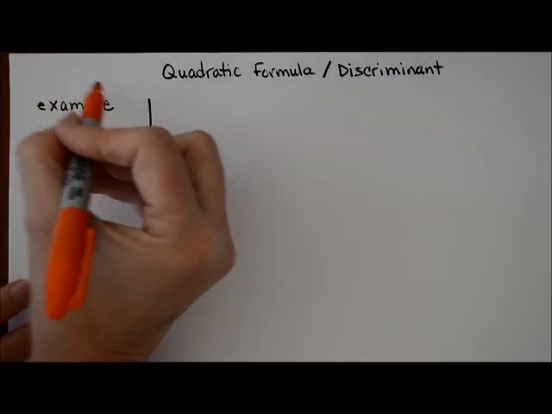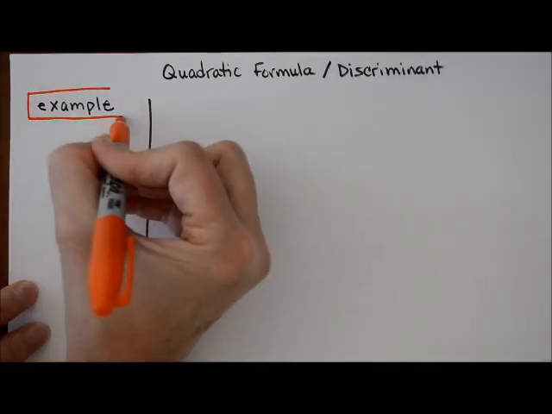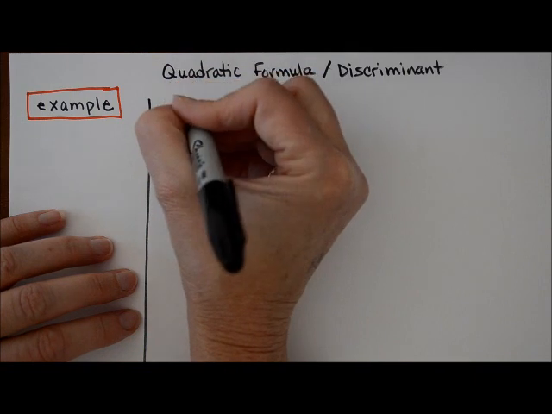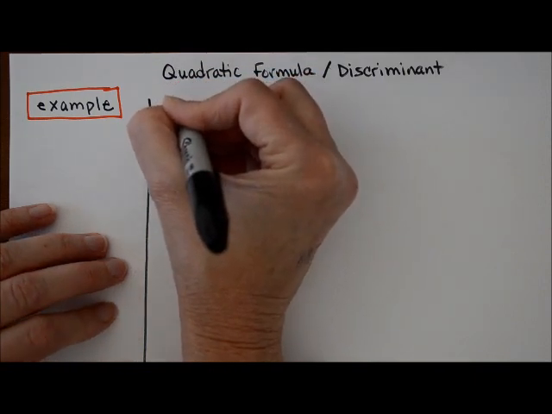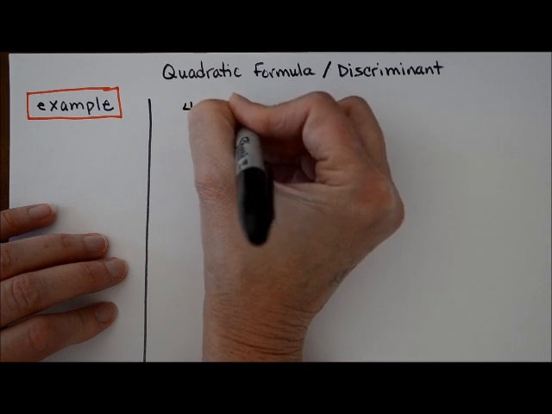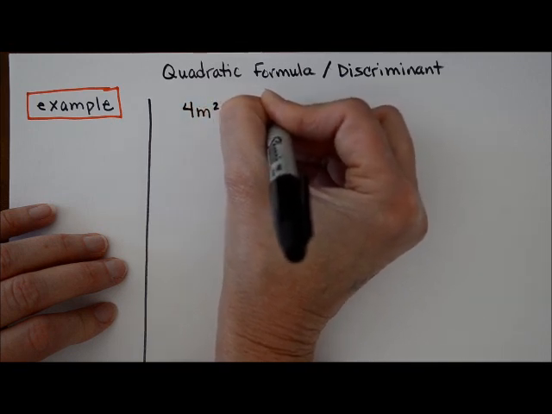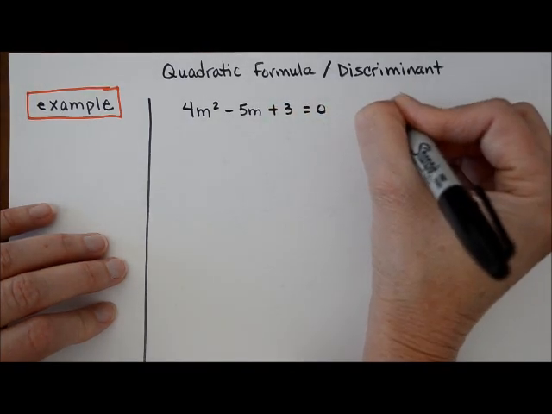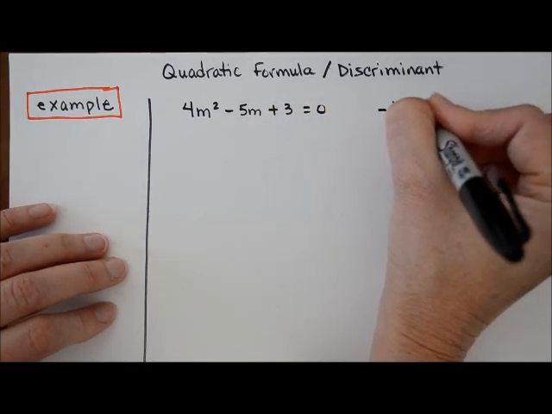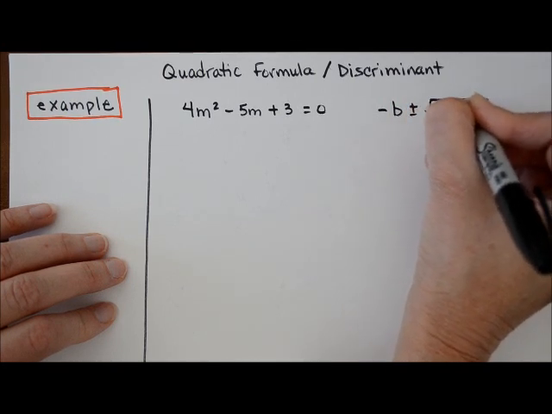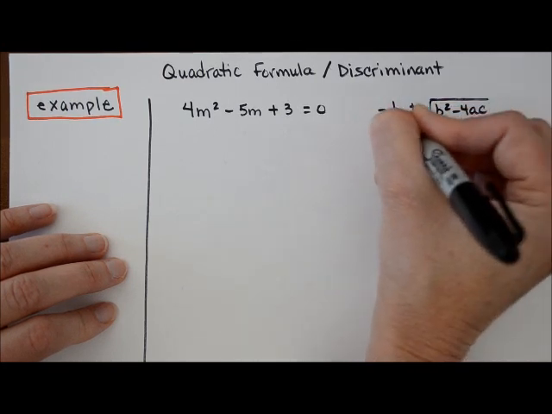Okay, so I have an example here. Here's my problem: 4m squared minus 5m plus 3 equals 0. Here's my quadratic formula: opposite of b, plus or minus the square root of b squared minus 4ac all over 2a.